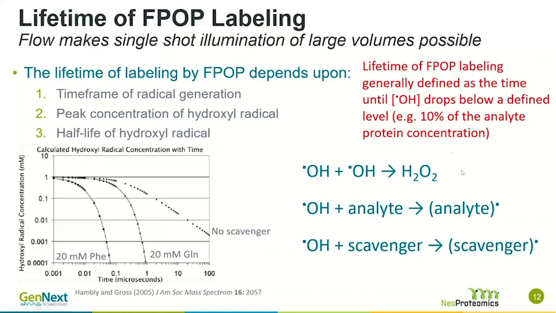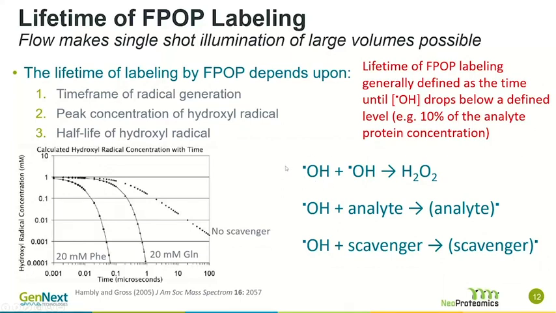The first is the one that actually causes people the most trouble: you have to remember hydroxyl radicals react very, very efficiently with other hydroxyl radicals to recombine and reform hydrogen peroxide. Remember, the rate of this reaction is going to go up as the square of the hydroxyl radical concentration.